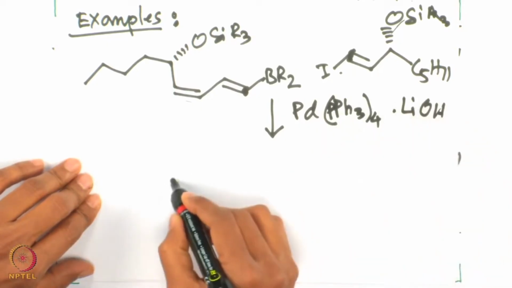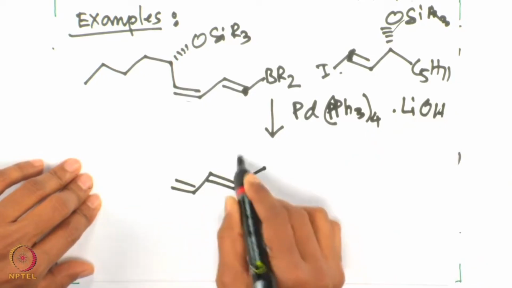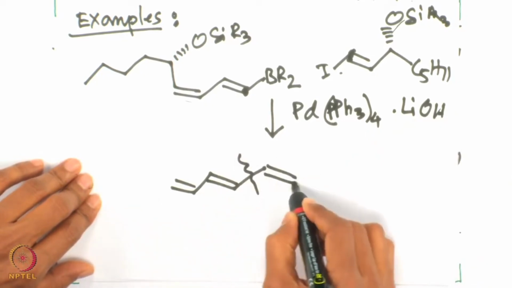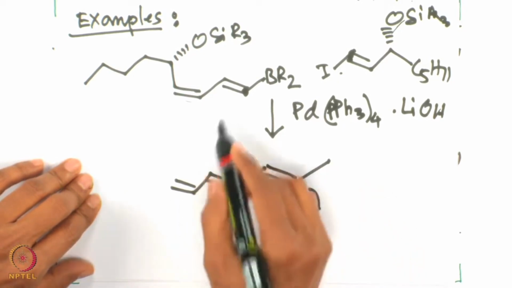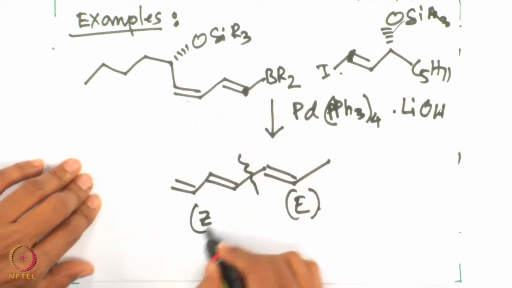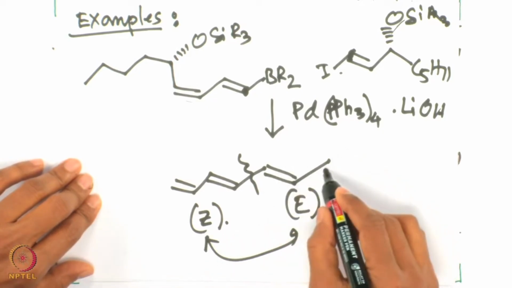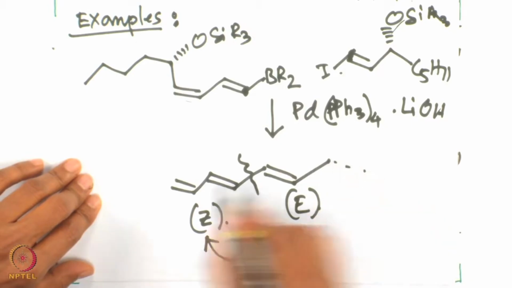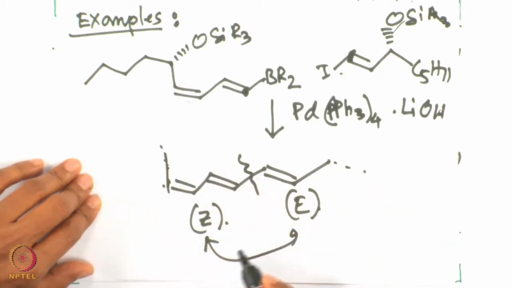That is quite amazing, I would say, because of the overall product formation. So, this is your new bond, and of course, this is E geometry, and this was the Z geometry over here. From the starting material, the same geometry is retained. Of course, the rest of the things can be as they are.